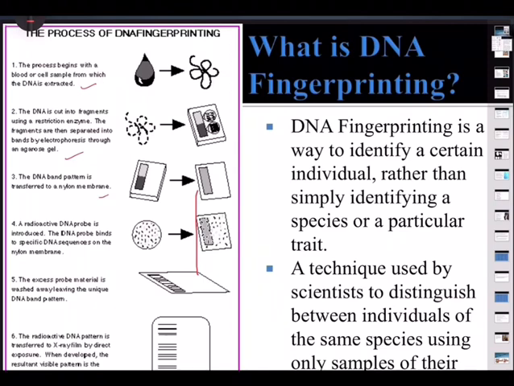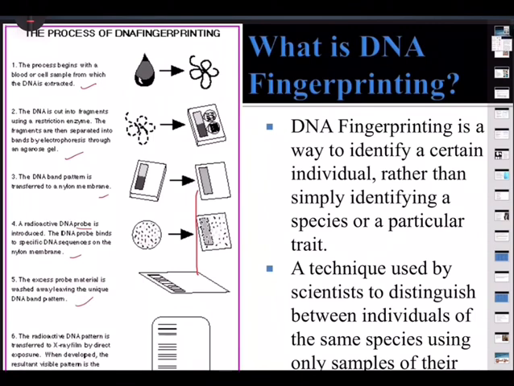And fourth, a radioactive DNA probe is introduced. The DNA probe binds to specific DNA sequences on the nylon membrane. That is the purpose why the DNA probe is used. Step number 5, the excess probe material is washed away, leaving the unique DNA band pattern.